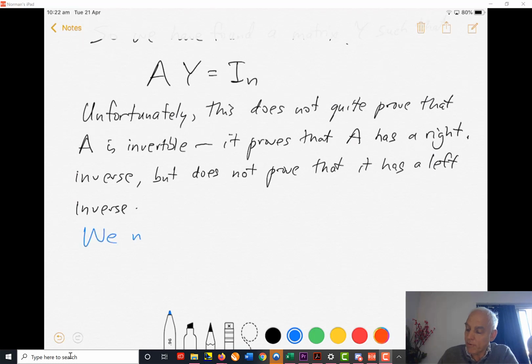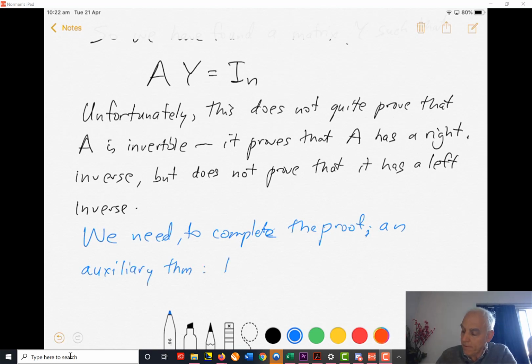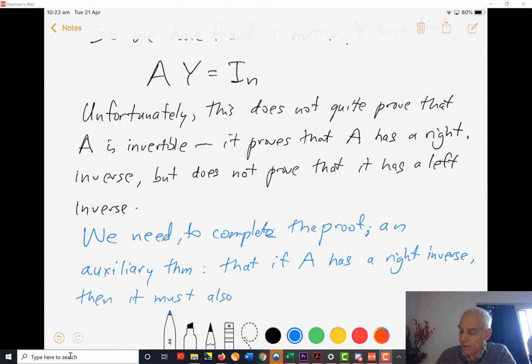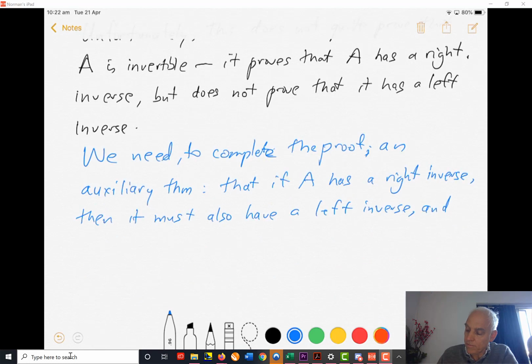We need an auxiliary theorem that if A has a right inverse, then it must also have a left inverse, and so be invertible.